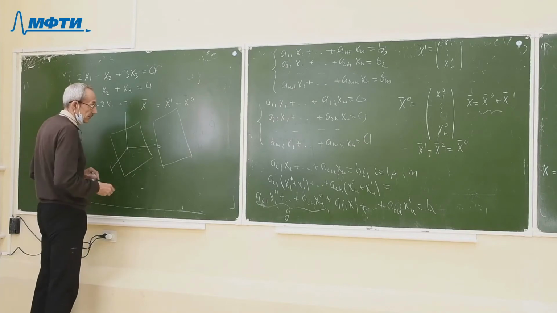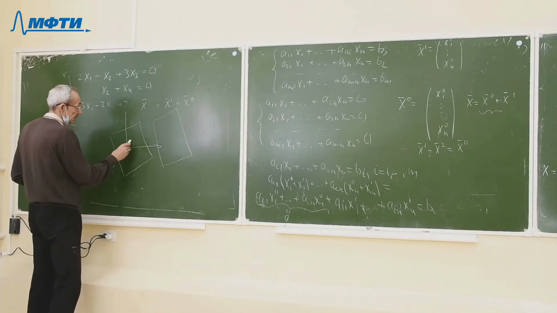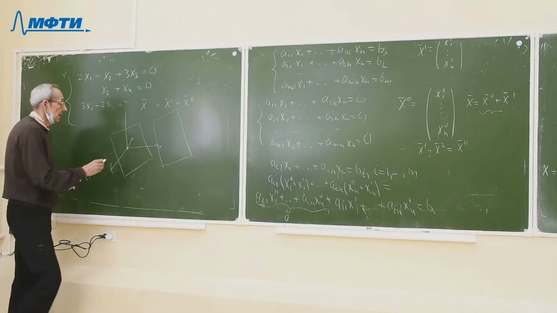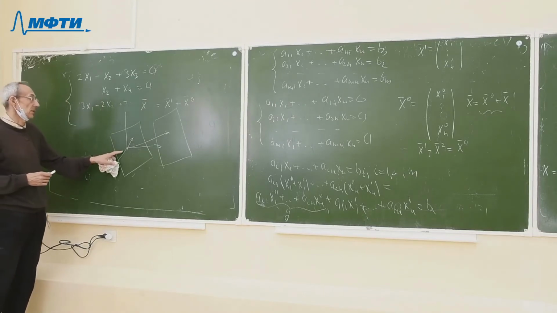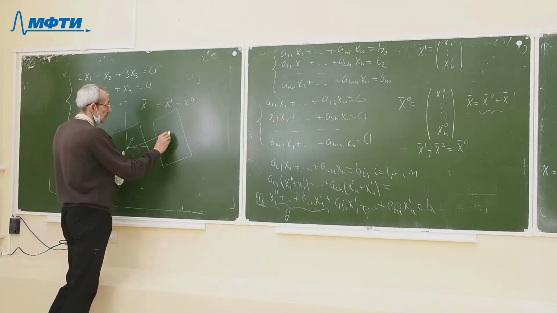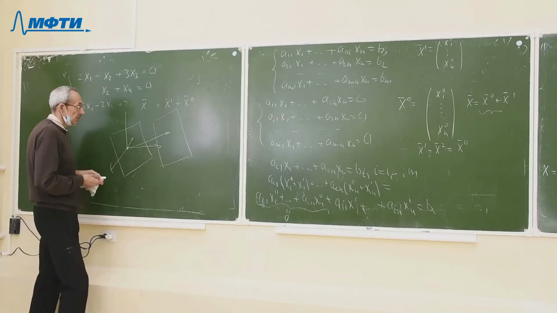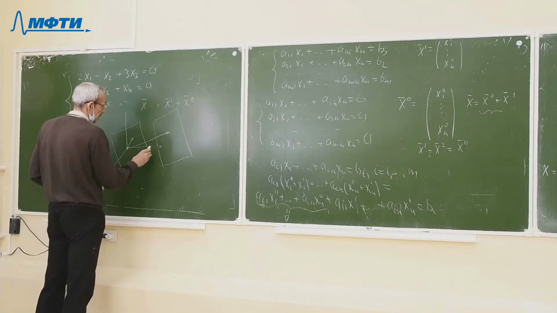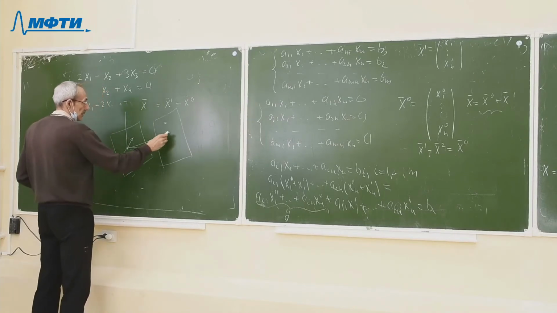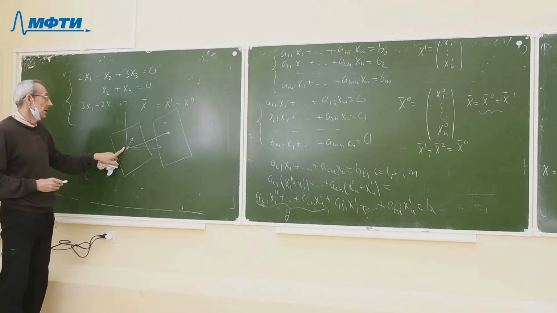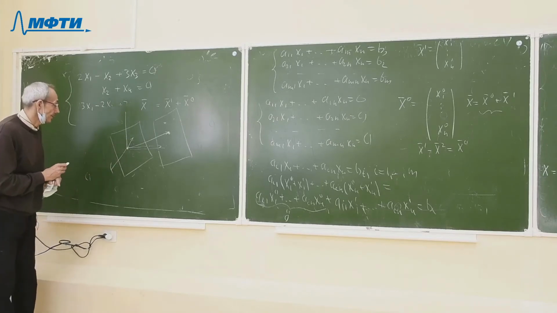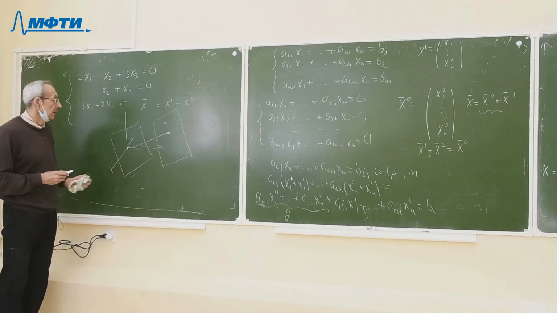Any point of this plane can be presented as a vector from the origin of our coordinate system to the point of this plane, and this vector can be presented as some fixed point on the plane plus an arbitrary vector which is parallel to this plane.